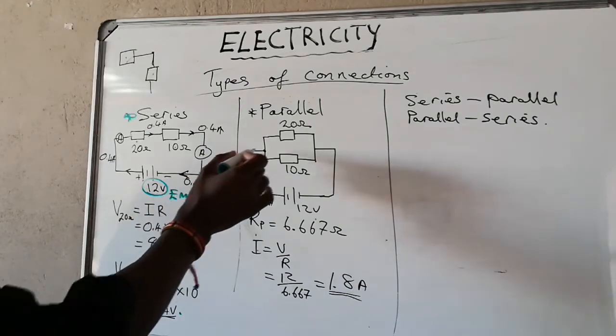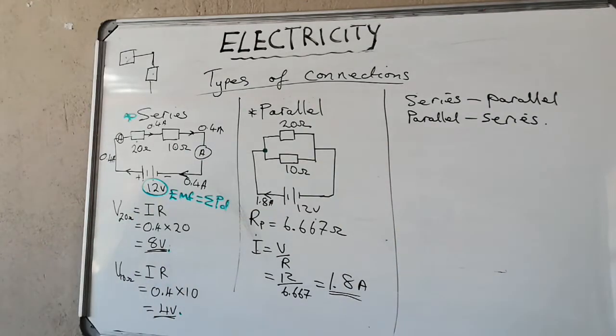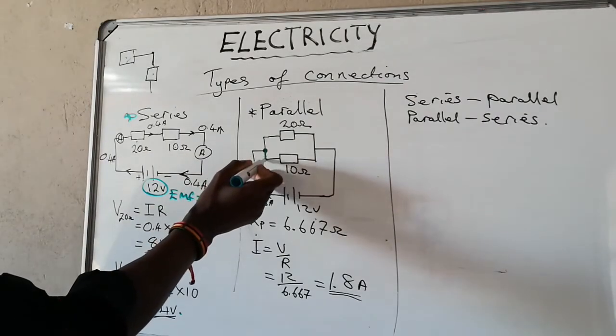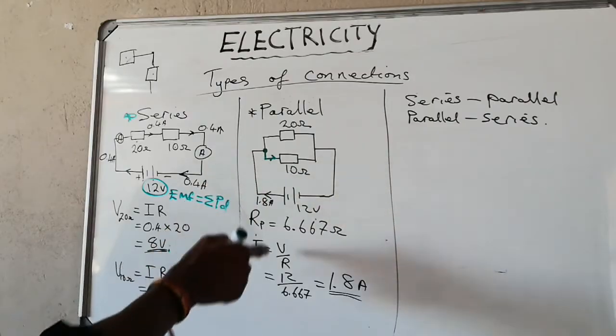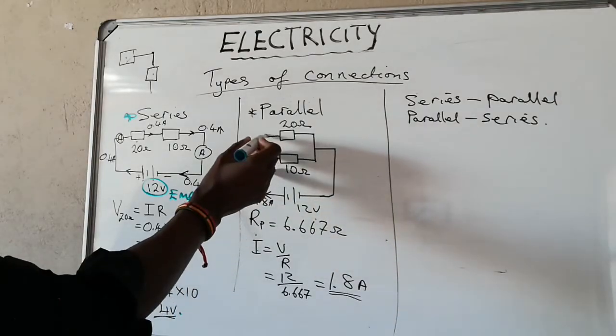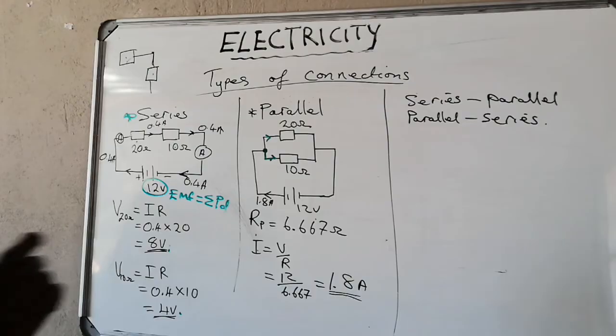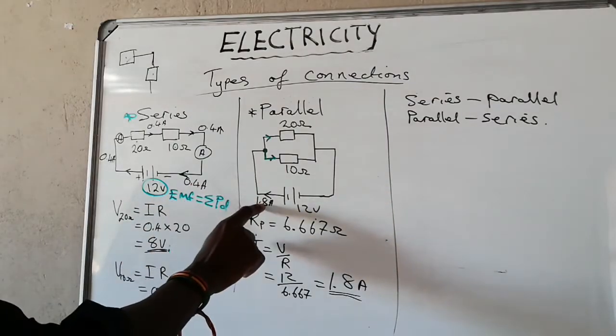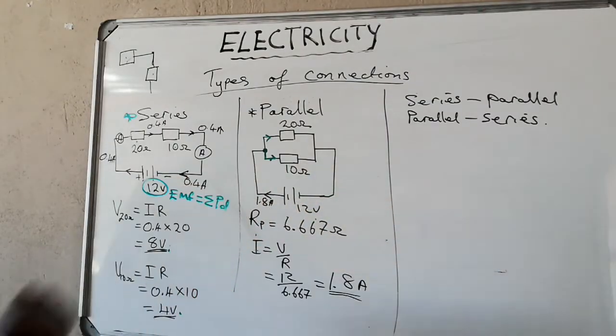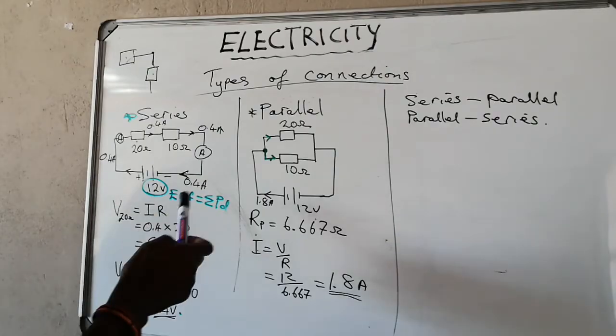Now what happens is that when it reaches this junction, some of this 1.8 amps will go this side, and some of the same 1.8 will go to the other side. So in a parallel circuit, current is split, depending on how much resistance there is. Electricity is always trying to find the easiest way.